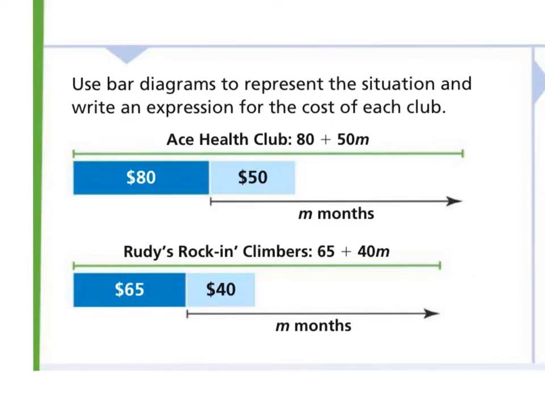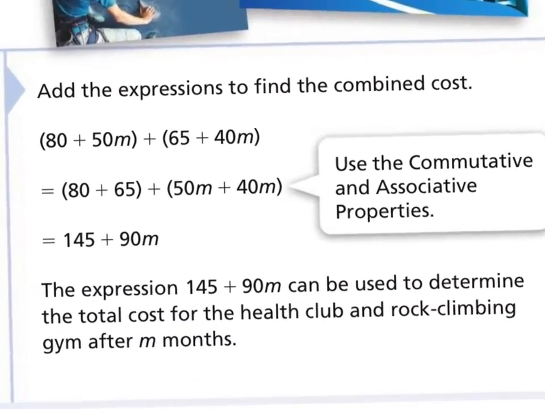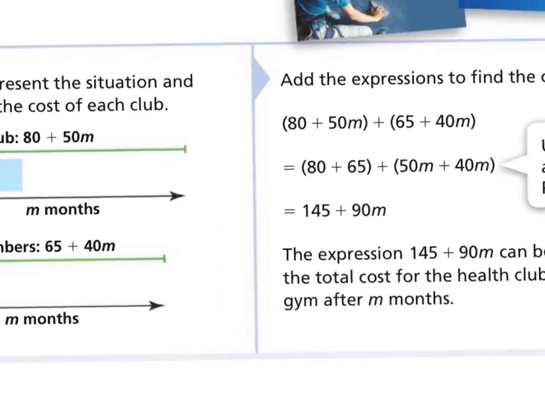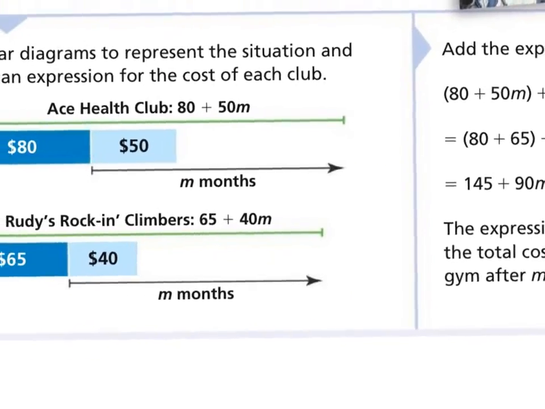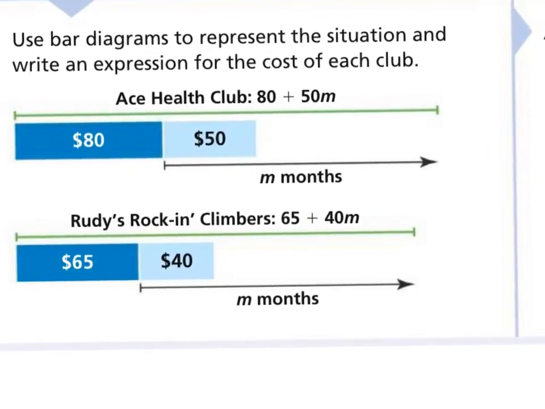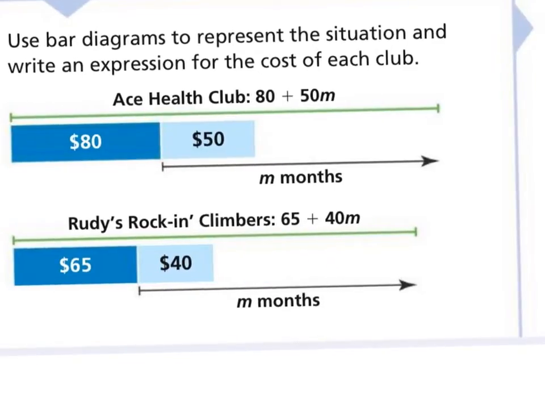So if you look at this, we can write an expression for each of those. They did over here. So for the health club, they came up with 80 plus 50M, so $80 plus $50 a month. The rock climbing was 65 plus 40M, so $65 plus $40 a month.